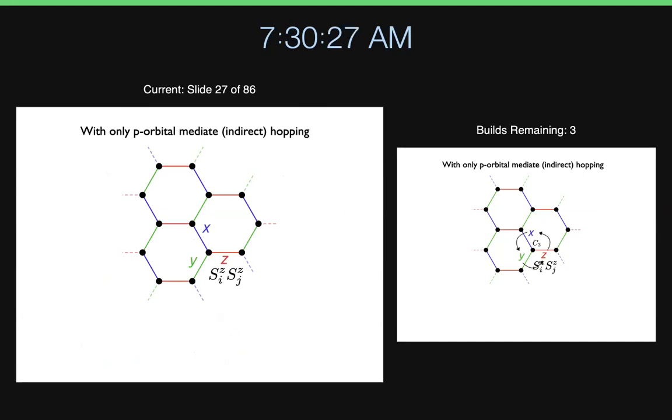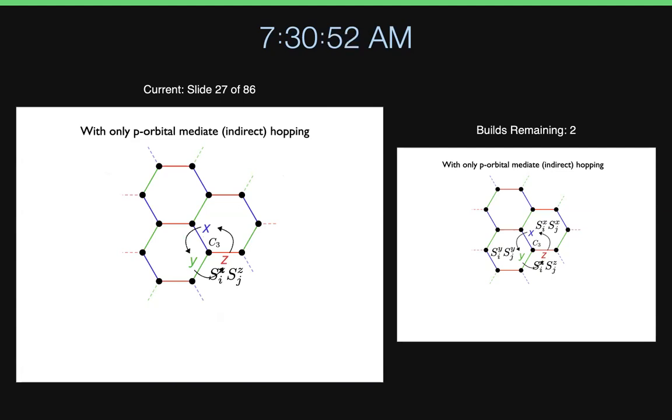So I end up with, in the Z bond here, SzSz. Oh, that's very nice. And if I do another one, the X bond, all I have to do is that instead of working on the xz and yz orbitals, I just have to work on the xy and then xz orbitals. You rotate everything by the C3. This honeycomb lattice has a C3 symmetry along the Z axis.